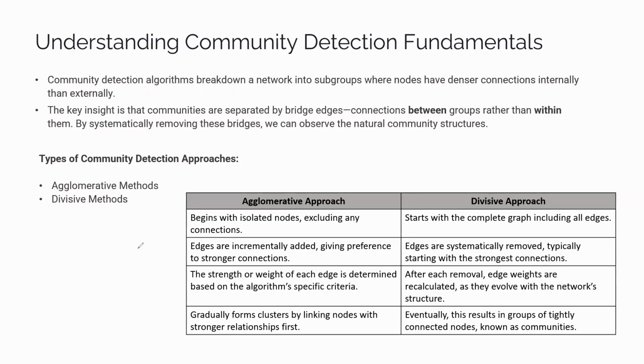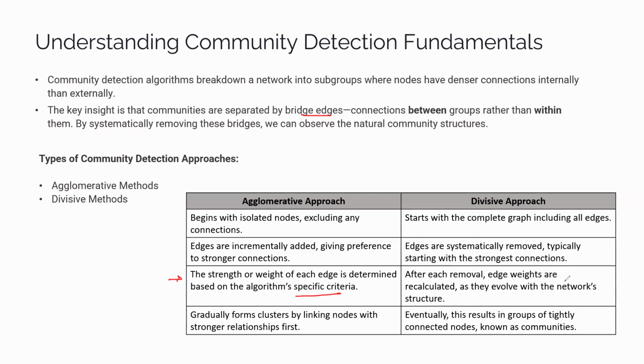We need to quantify, of course, the importance of the edge. The strength or the weight of each edge is determined using certain algorithms. Likewise, in the divisive approach also, we will have to quantify the importance of the edge. And we need to remove the edge which gives us this bridge kind of representation. So when we remove this particular edge, we will try and form the communities, right?